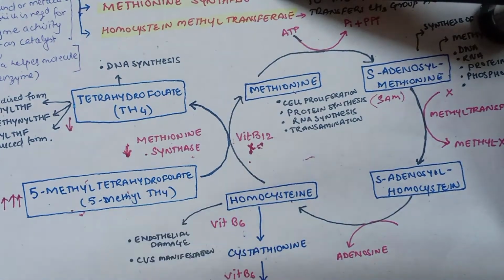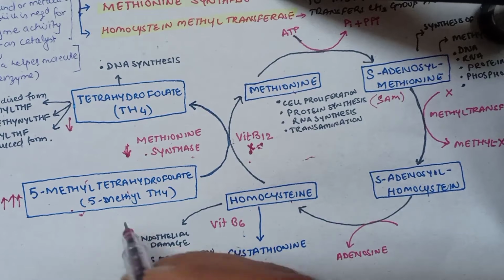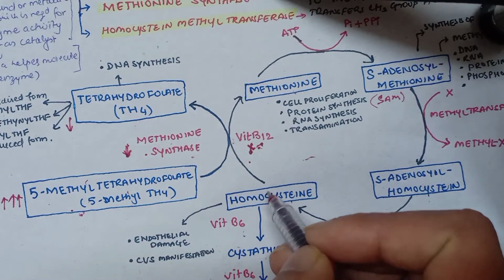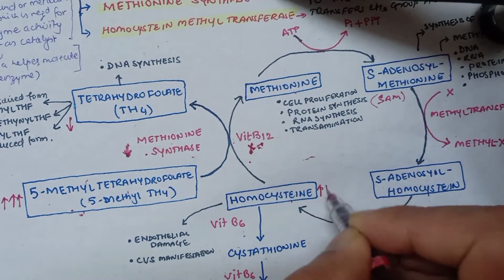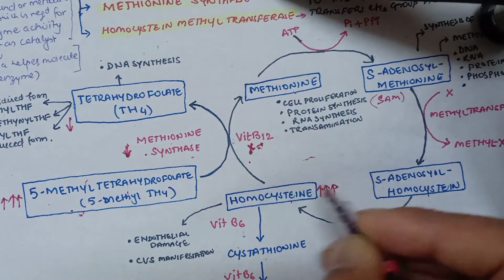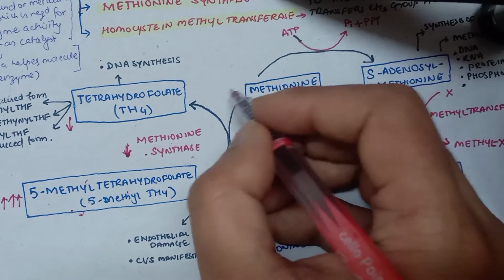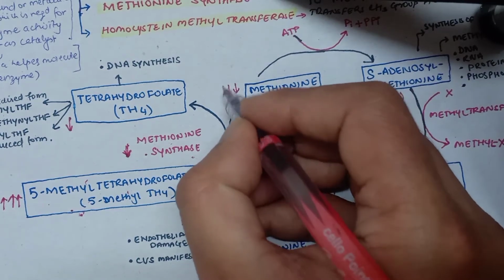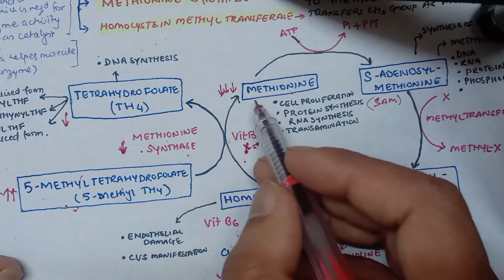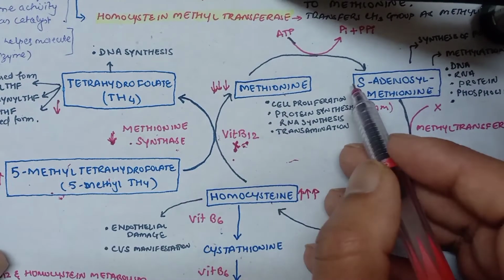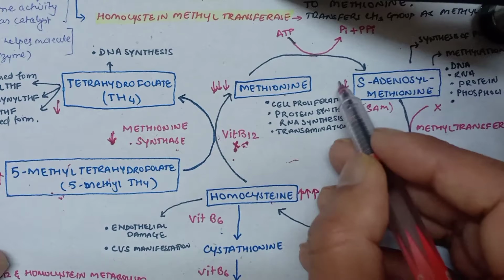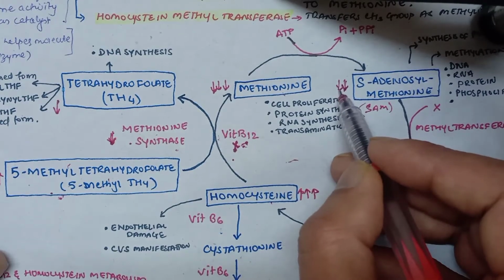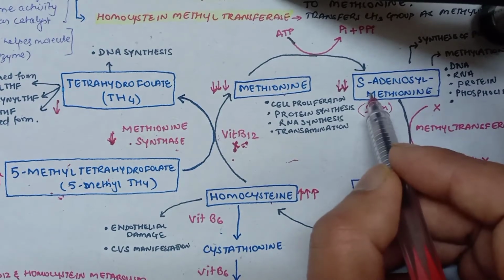There will be an increase in 5-methyl tetrahydrofolate, and since homocysteine is not getting converted into methionine, the concentration of homocysteine will also increase, and there will be a decrease in methionine concentration, and the level of S-adenosyl methionine will also decrease.